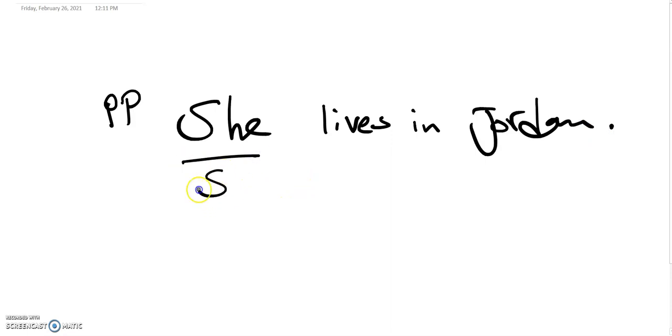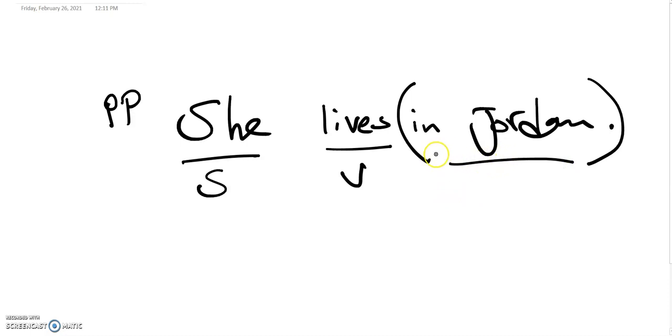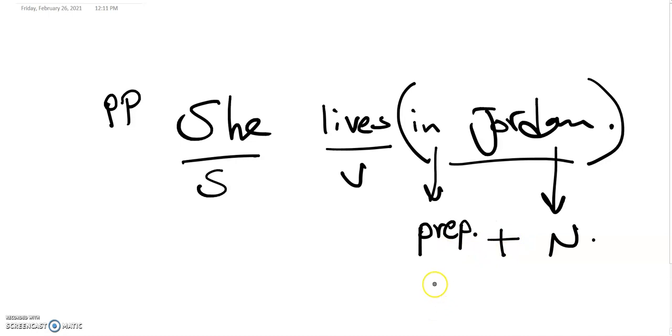So simply we can say that this is a subject, a verb, and once we go to this unit that informs us about the place of her living, we will say that this phrase consists of a preposition, in, and a noun. Now a preposition and a noun form a preposition phrase. Okay, so preposition phrase means preposition plus noun phrase.